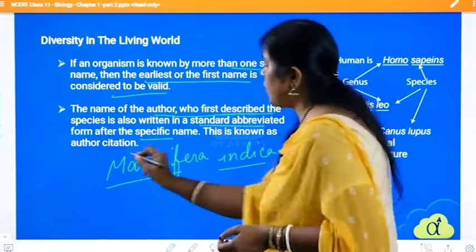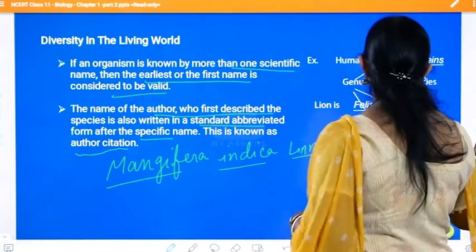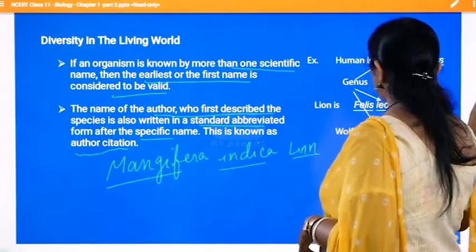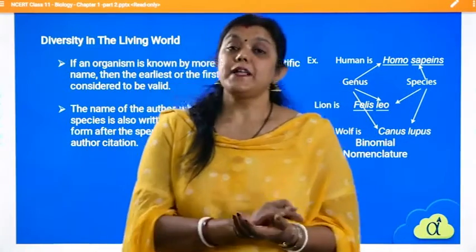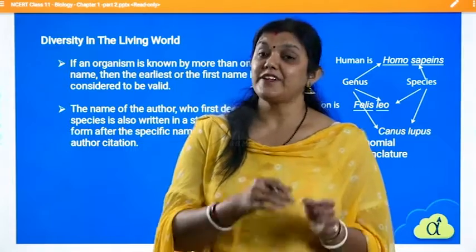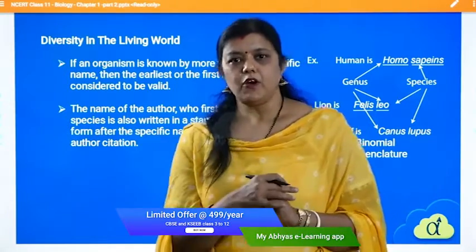So this is called author citation. Author citation is very important. In most cases, if we do not know it, we just don't write it, and that is also okay. But if you know the name of the author and it is given in your book, you should also practice writing the name of the author.